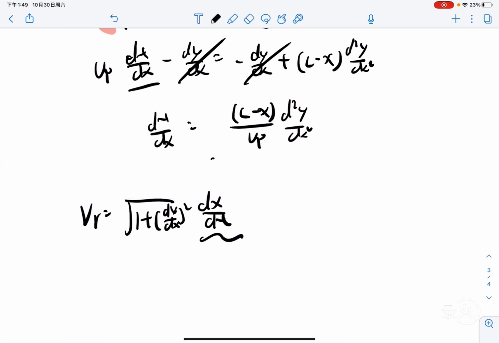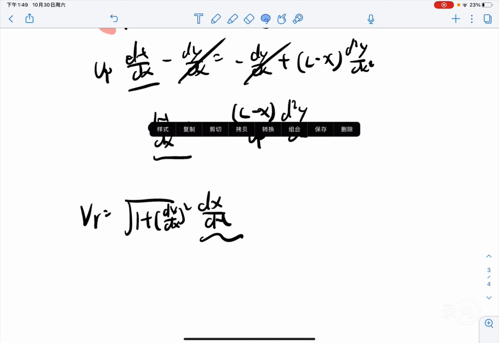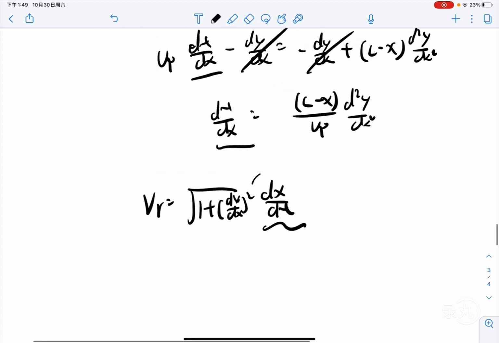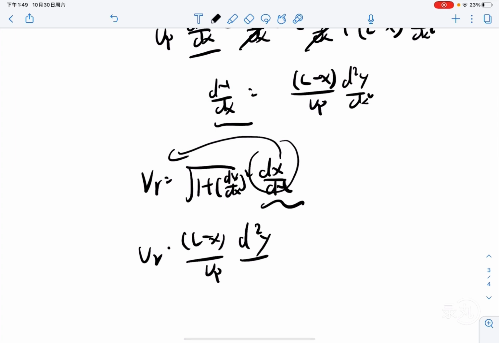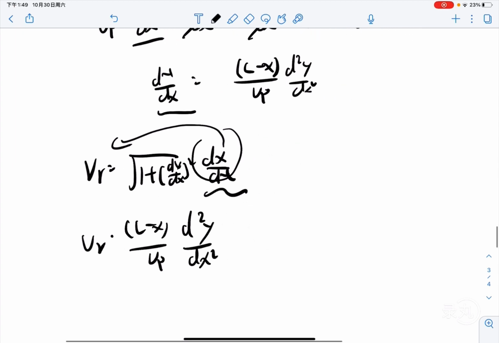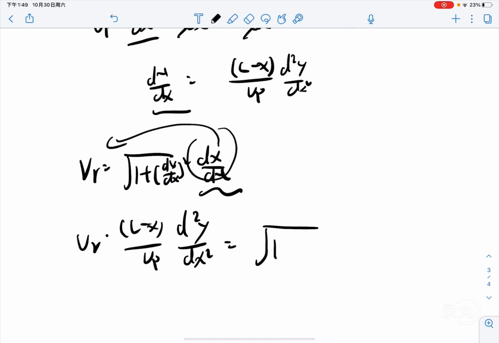So from this equation, if we take this to that side, we get Vr times (L minus x) over Vp times d²y/dx², and this is equal to the square root of 1 plus (dy/dx) squared.